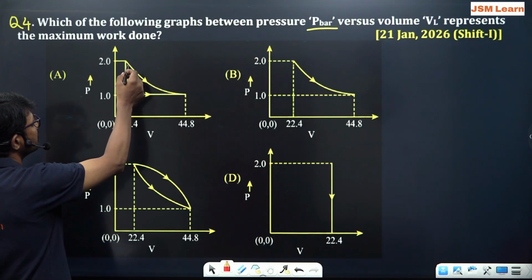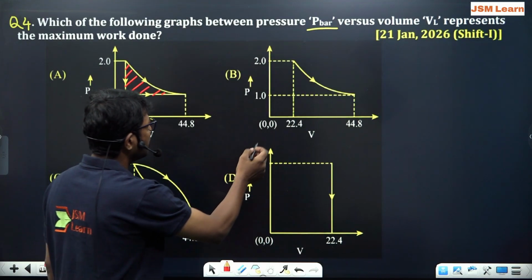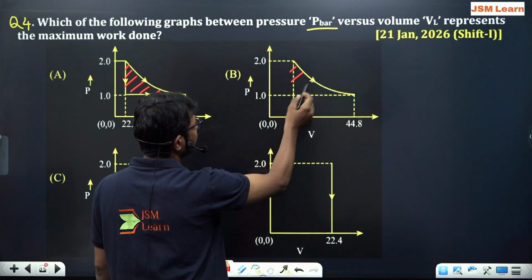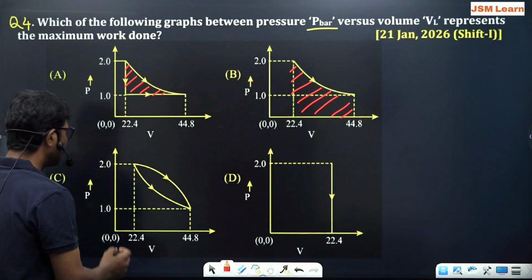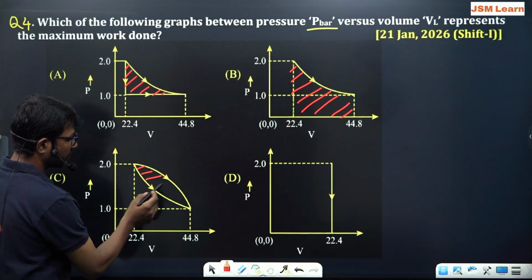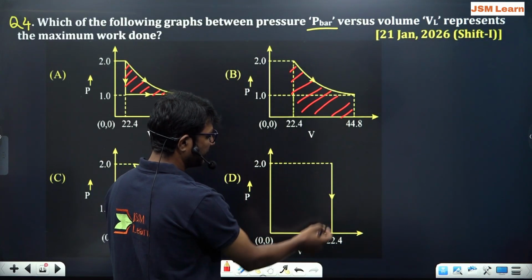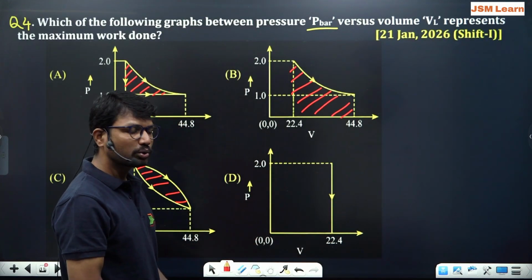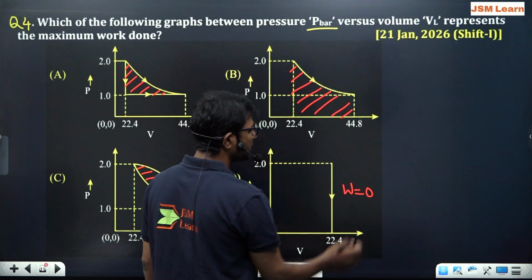So here this much area is covered. In the second graph, case B, all this work done it is giving us the information. Now here this much work has been performed in this cyclic process. Now this one, by looking at it you can easily say it is an isochoric process. No work is done in this process, so W will become 0.